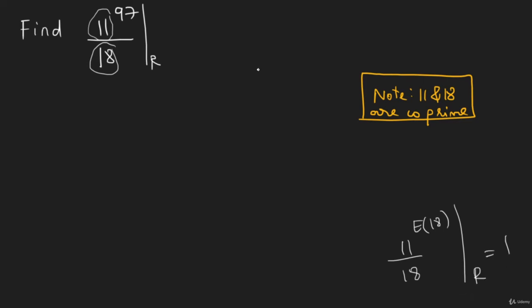Alright, now let's see what the Euler number of 18 is. For that we start by prime factorizing 18. So I can write 18 as 2 into 3 square. As per the prime factorization of 18, I have two prime factors, 2 and 3 to the power 2.